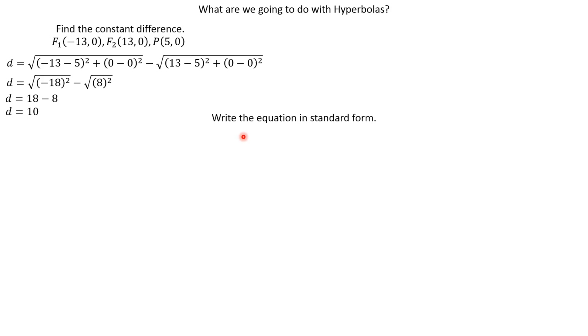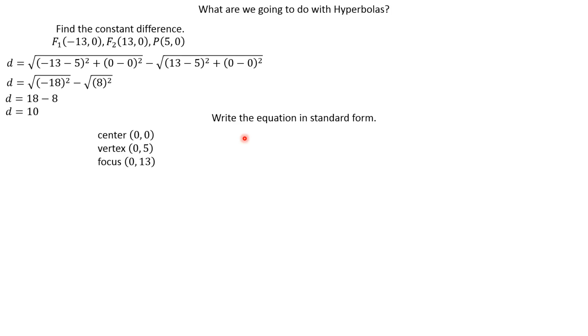What else are we going to do? We're going to write equations in standard form. So we could be given some information, a center, a vertex, and a focus. And so here, we need to figure out first, are we going x squared minus y squared or y squared minus x squared? Is this going to be horizontal or vertical?